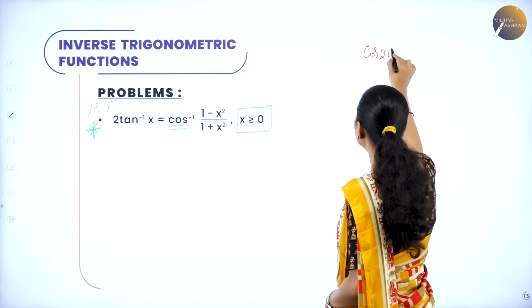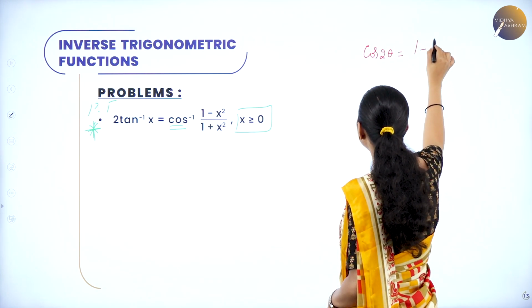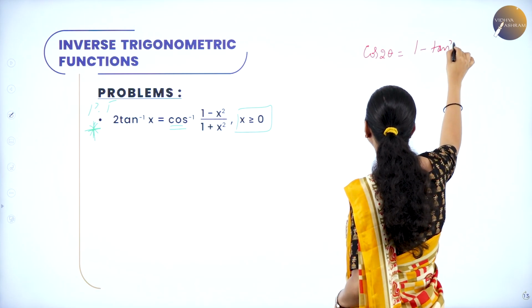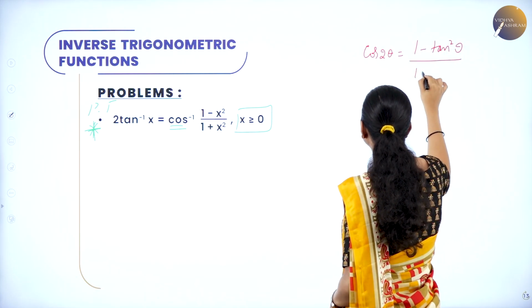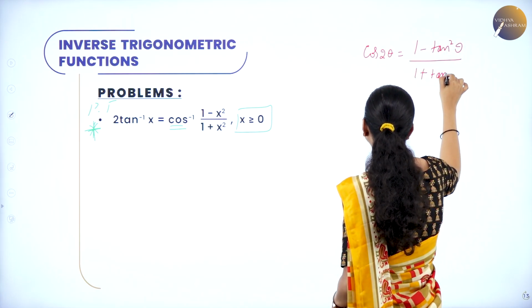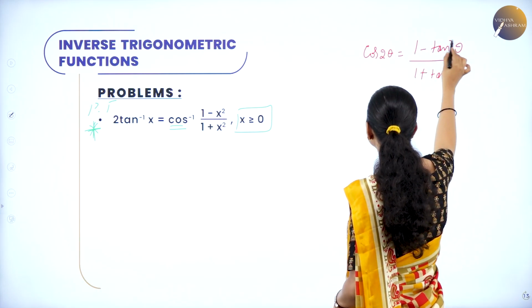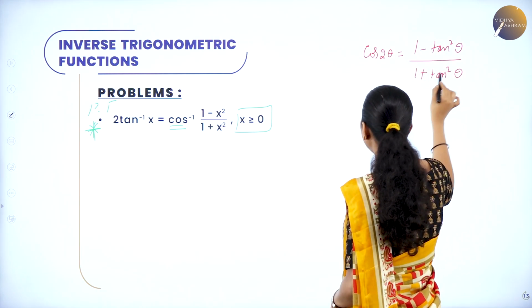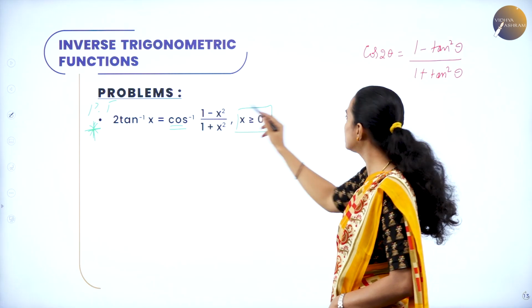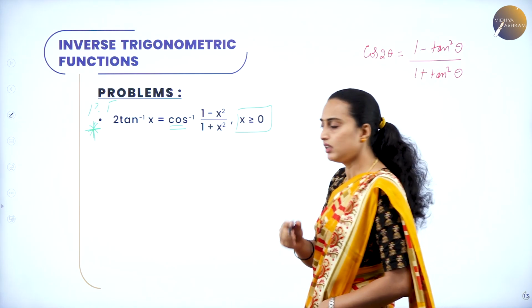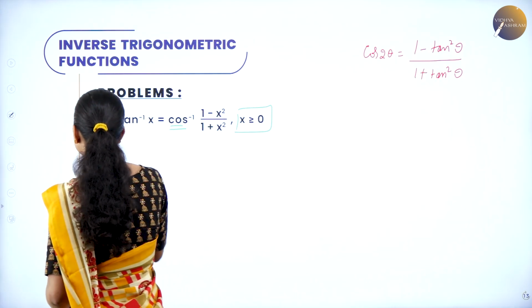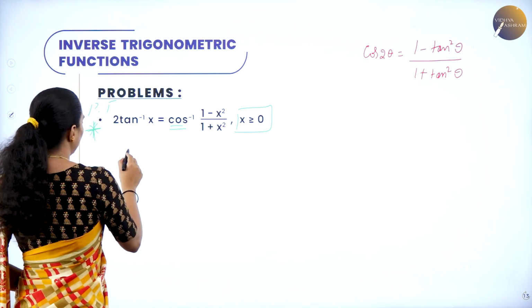Cos 2 theta can be written as 1 minus tan squared theta divided by 1 plus tan squared theta. Doesn't it look like 1 minus x squared, 1 plus x squared? Already x squared is there, x is tan theta.